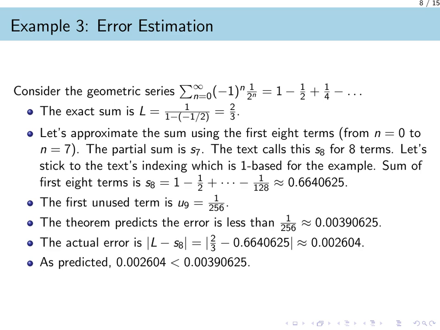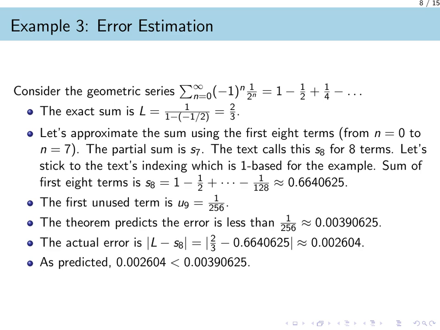Let us apply the alternating series estimation theorem to an example where we know the exact sum, so we can directly check the theorem's validity. We will consider the alternating geometric series whose sum is exactly 2/3. First, we approximate this sum by calculating the partial sum of the first 8 terms, which we call S sub 8.